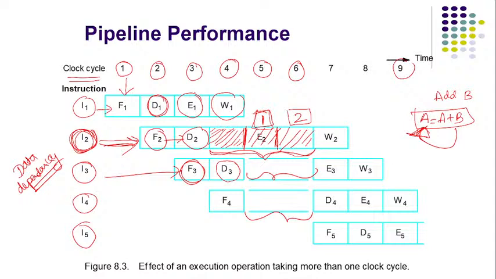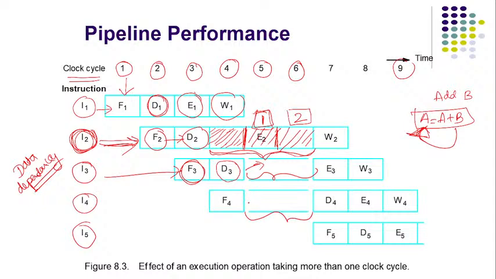So some delay will occur, and it has to be resolved because अभी ये कुछ नहीं कर सकते. The I3 instruction cannot go to this stage. Why? Because E2 is engaged with the I2 instruction.